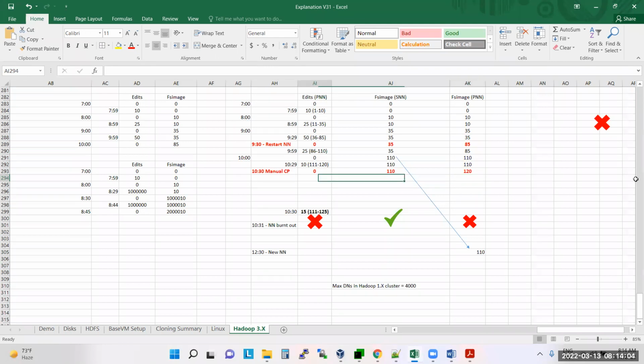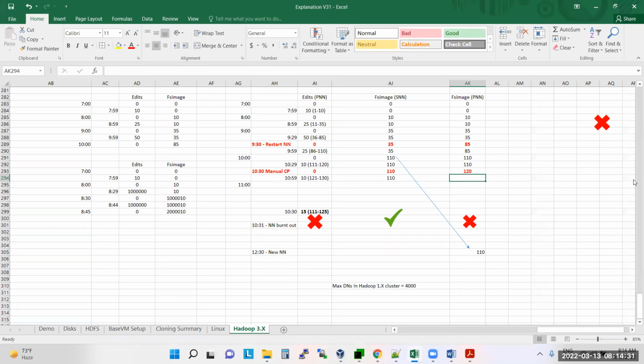So now again, at 11 o'clock, normally what will happen? Here you have 10 more, 130. So here 110, 120.